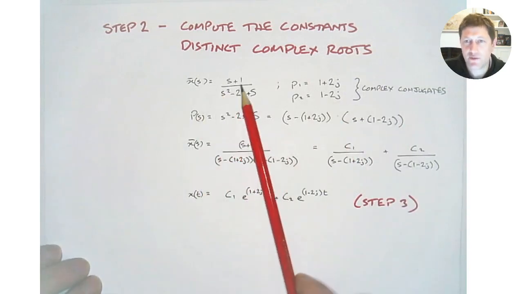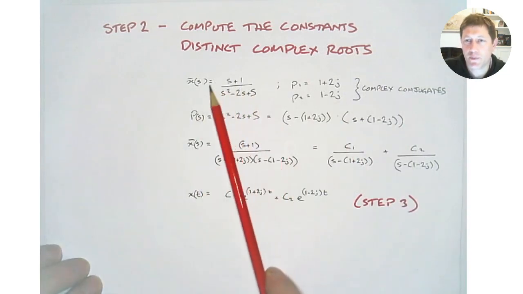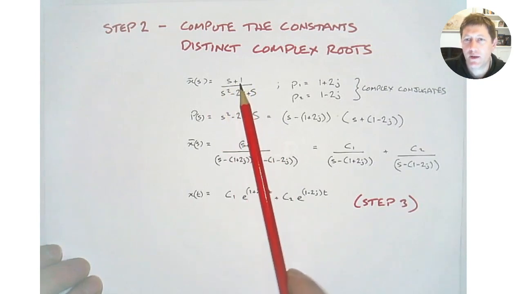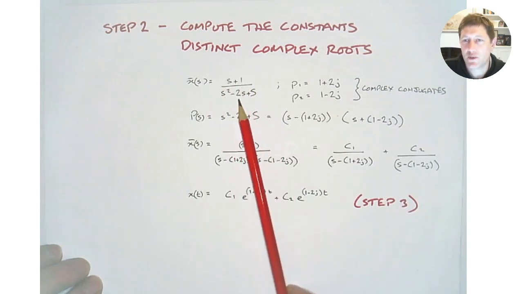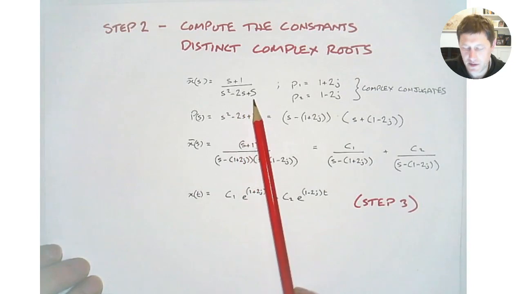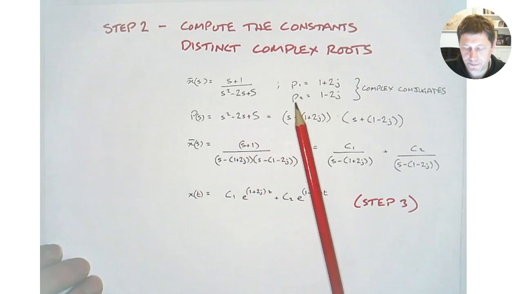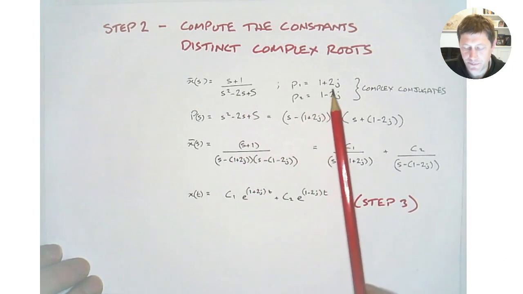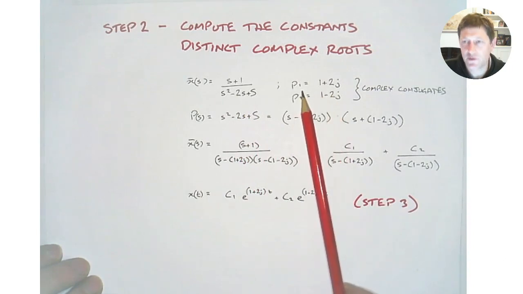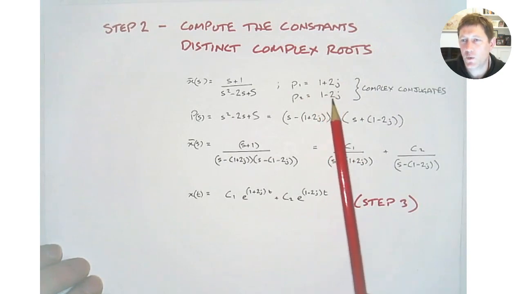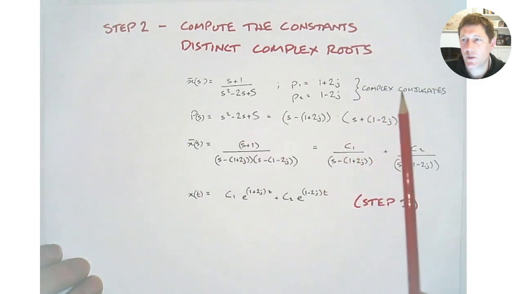So now we've got a different example which will illustrate what happens. S plus 1 divided by s squared minus 2s plus 5. This has two roots. They're different roots, 1 plus 2j and 1 minus 2j. So these are complex conjugates.